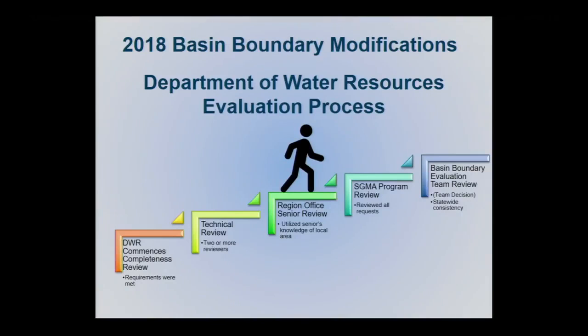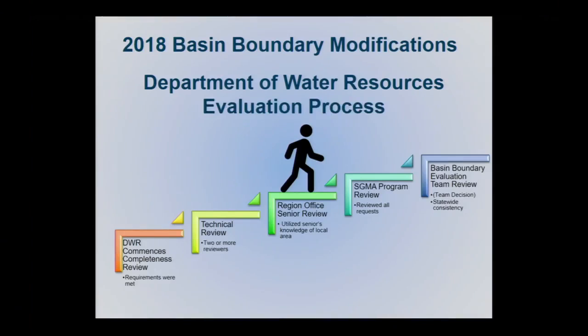Once the evaluation was complete, the region office senior review would start, and that would play on the local knowledge of the senior regional office staff. Once that was complete, the SGMO program review would also review every single one of the boundary modification requests.